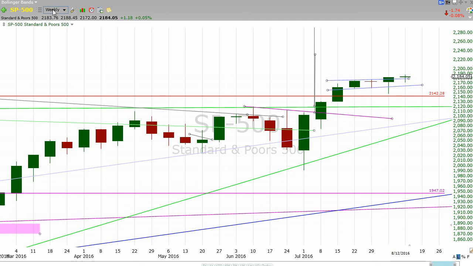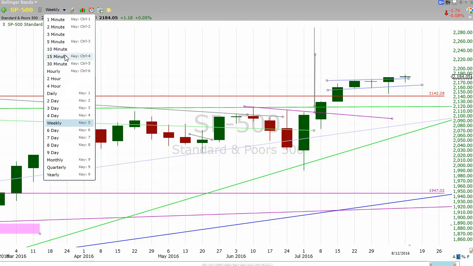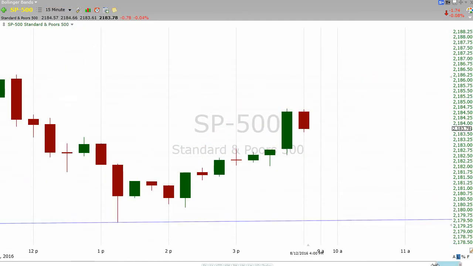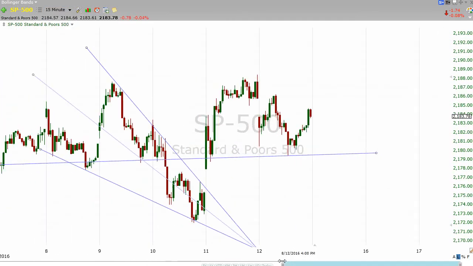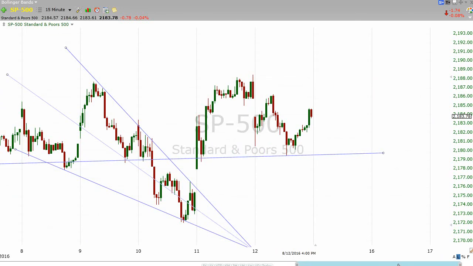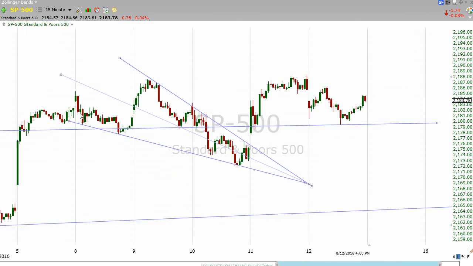So, if we zoom in and look at a 15-minute chart, there you can kind of see what took place over this past week. The week started here on the 8th. We recognized a descending wedge, which was a spot-on call. We broke out over that wedge.